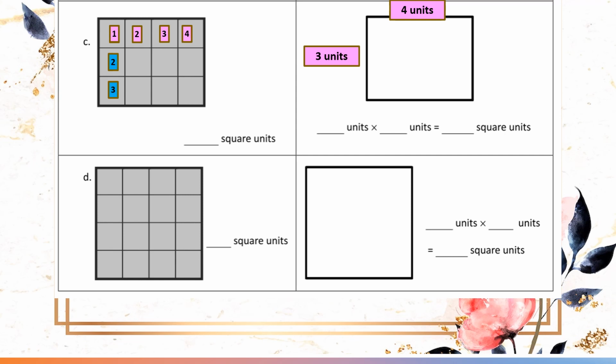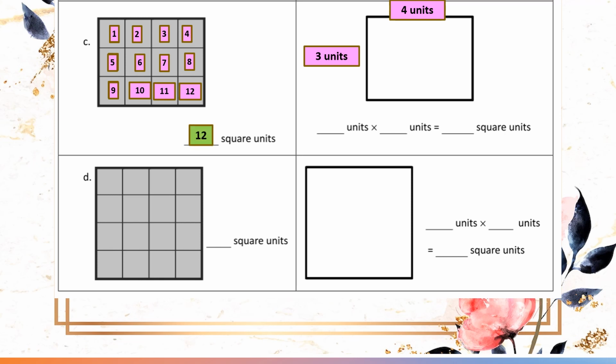All right, so keep counting. 5, 6, 7, 8, 9, 10, 11, 12. So just counting the squares, I know that my rectangle is 12 square units in area.